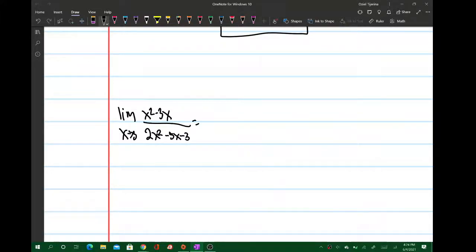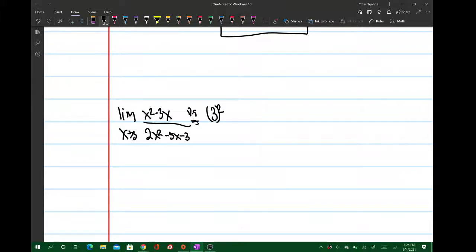Now let's do direct substitution, because that's the first thing you want to do. You always want to do direct substitution first, to see if it gives you indeterminate form.